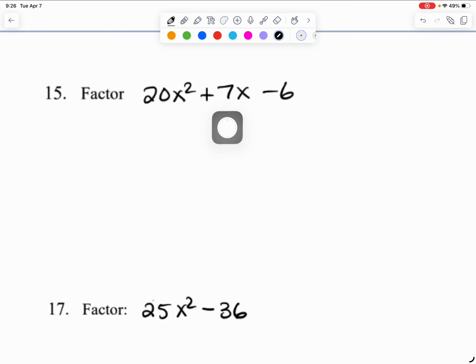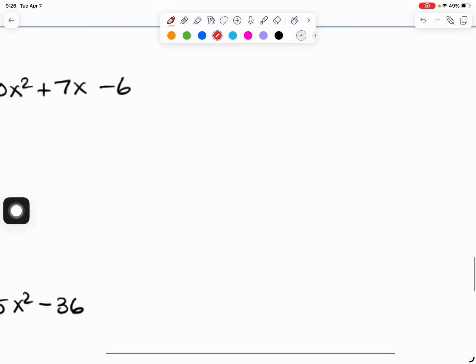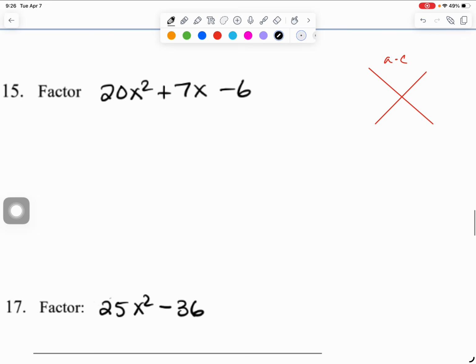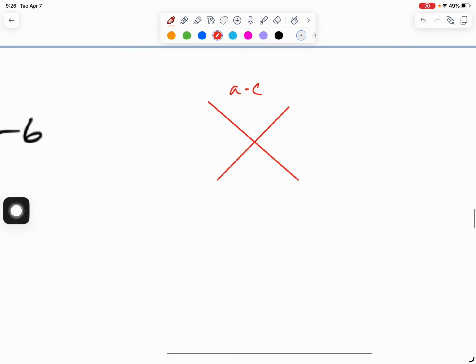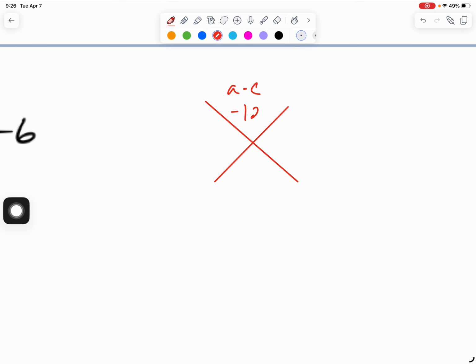Factor 20x squared plus 7x minus 6. All right, let's go to our diamond. Up top again, you have your A times your C. A equals 20. B equals 7. C equals negative 6. 20 times negative 6 is going to give us negative 120.